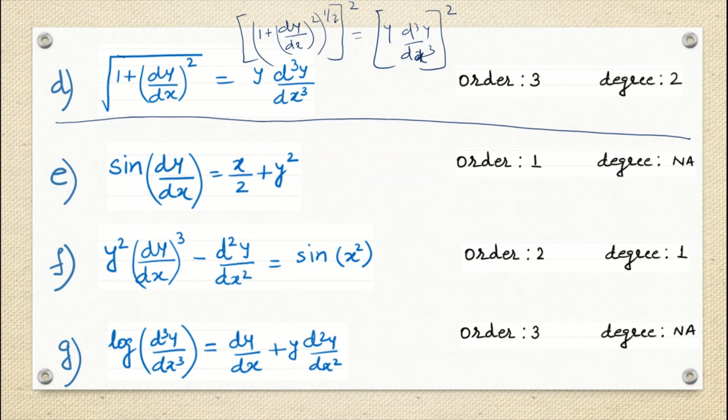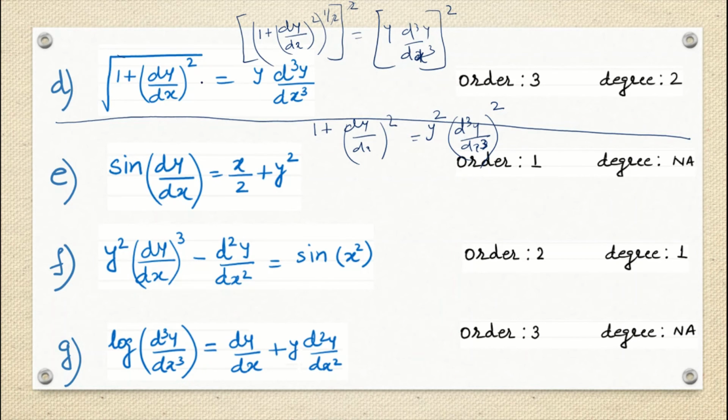This 2 and 1 by 2 will get cancelled. So the left hand side will be 1 plus dy by dx whole square, correct? Half and 2 have cancelled, and on the right hand side you are squaring it, so this is y square d3y by dx cube, whole squared.